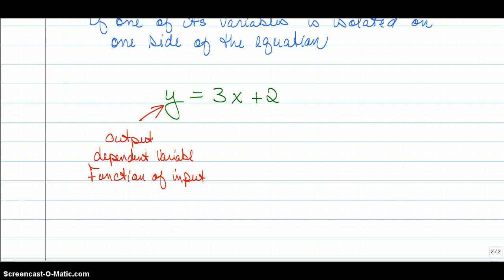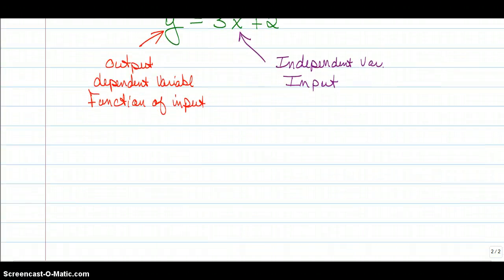Now in this one, this variable is the independent variable, and it's also known as the input. Input, independent, output, dependent.